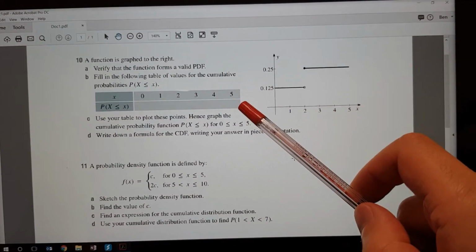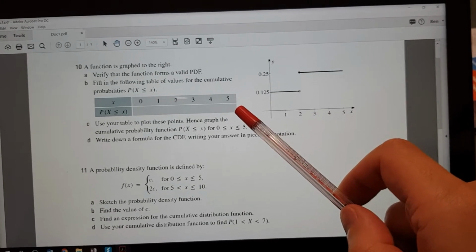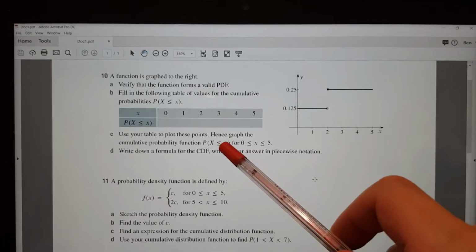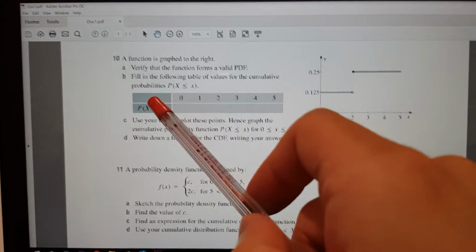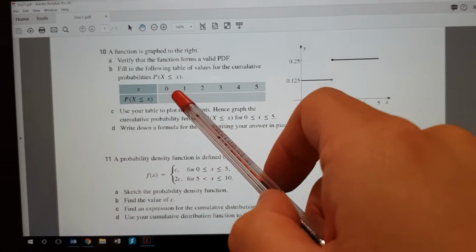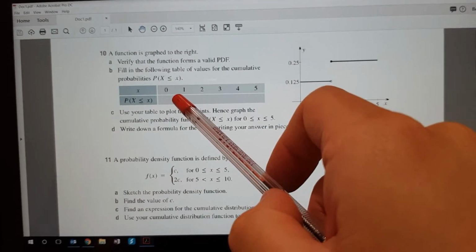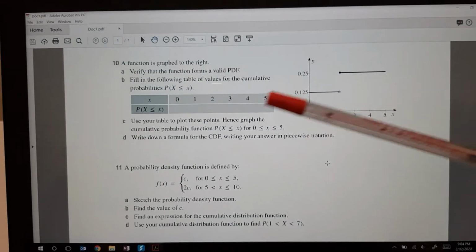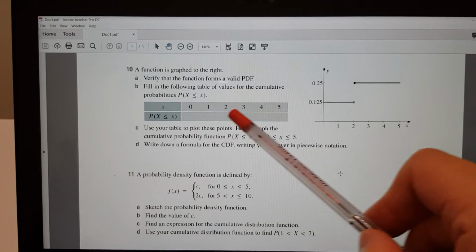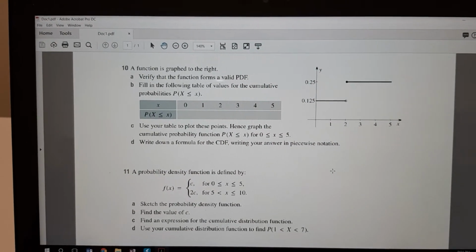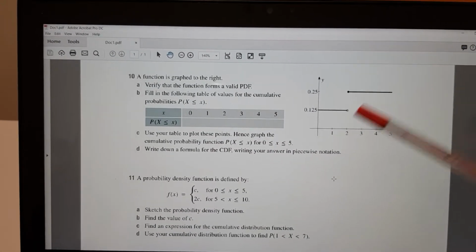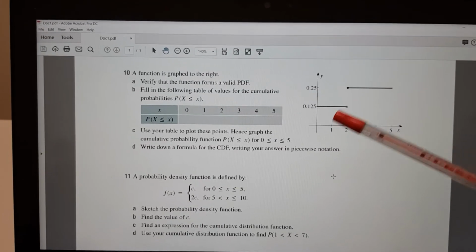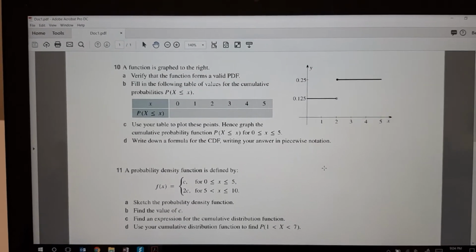And part B, depending on what x value you've got, how does the y value for the cumulative function, or the CDF, vary? Now, we can expect that the way the y values are distributed is going to be in a linear fashion, because when you integrate a flat line, you get a linear function.